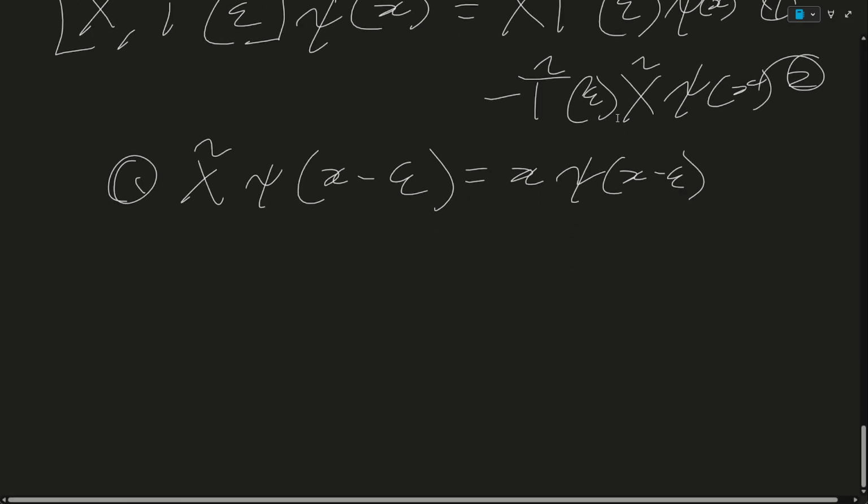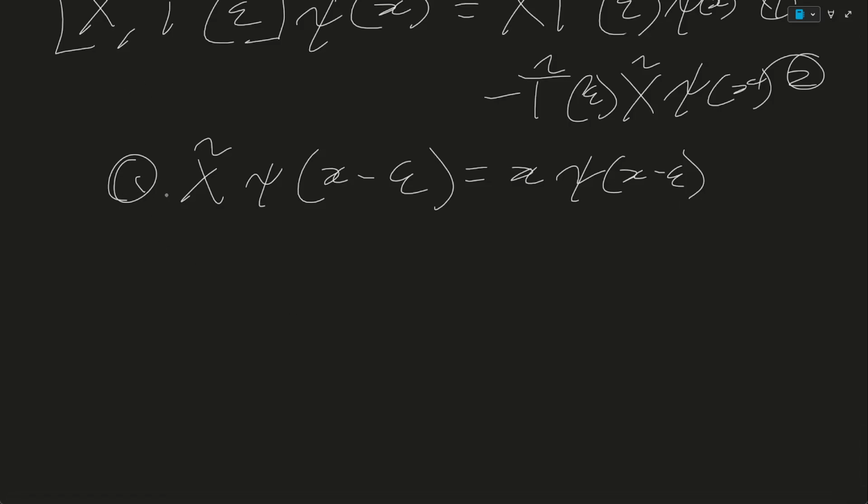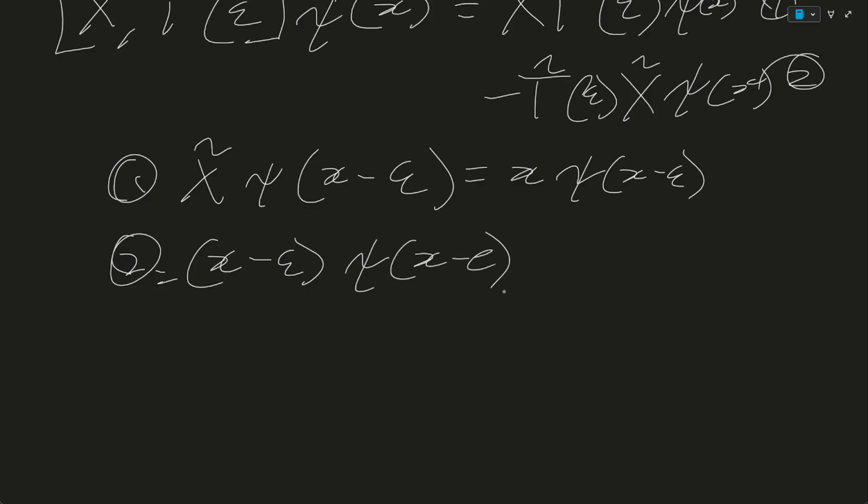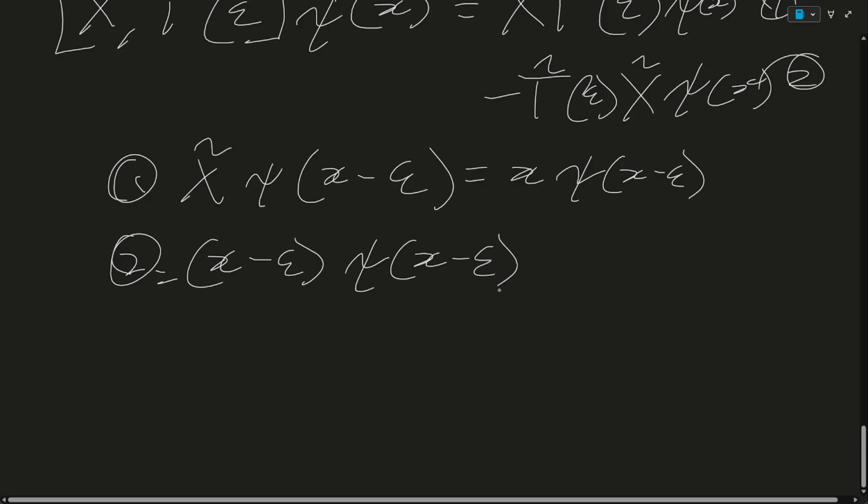And then the second term is possibly even easier, because we have the same thing, except it's negative, but x times it, so it will be x minus epsilon psi of x minus epsilon.